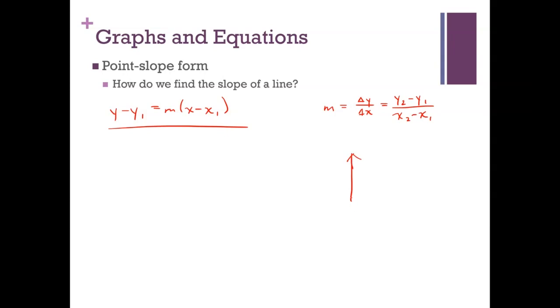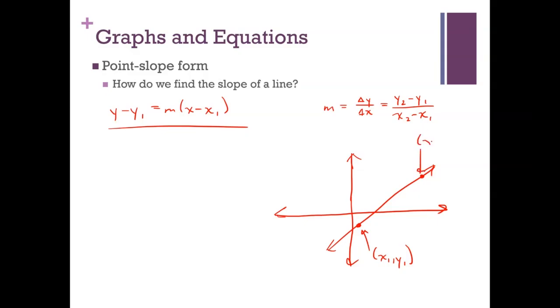So let me draw you a picture. Here's a straight line. And right here is x1, y1. That's a point that's not variable. It's just stuck right there. The other point I'm going to call x, y.